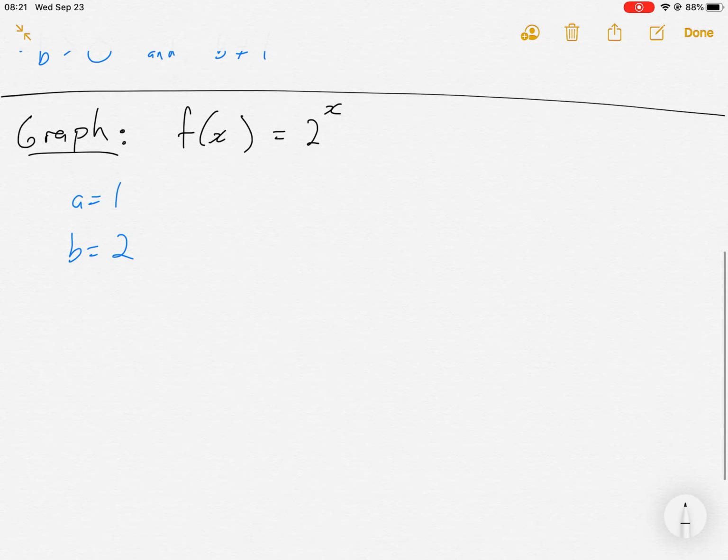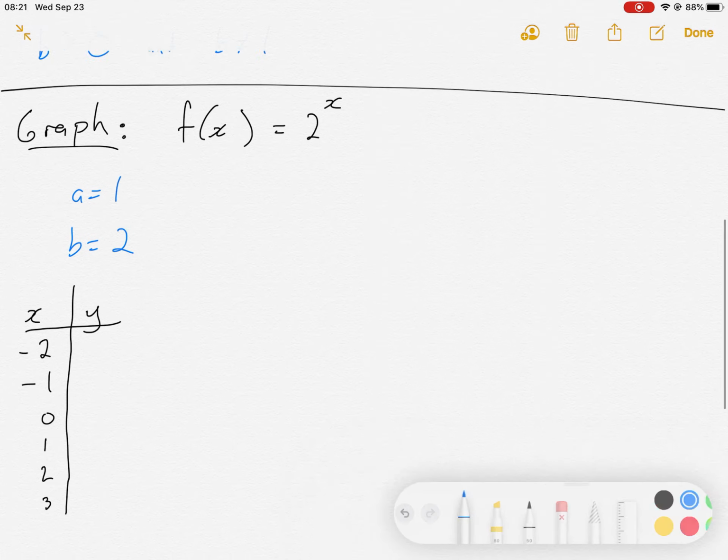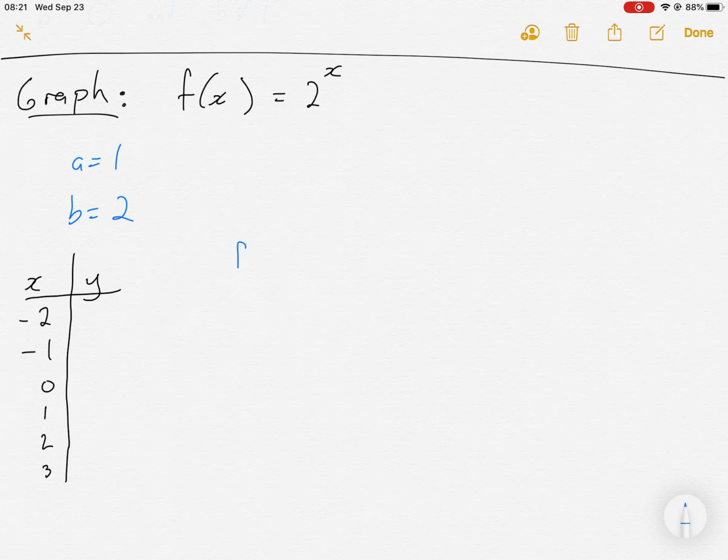Okay, now to graph this to start off with, I'm going to use a t-chart, a table, and I'll start with some negative x values like -2, -1, we'll hit 0. Let's go up to 3. Okay, so we're going to do f of -2, which is 2 to the power of -2.